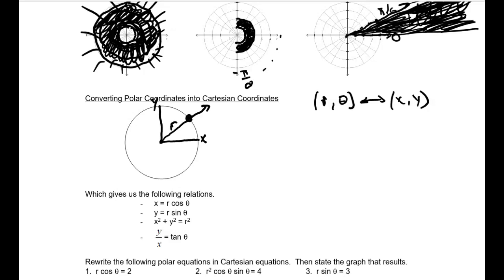So label that r. We would drop down an altitude to the x-axis here, so form a 90-degree angle. And then this point, since we're centered at 0, 0, this would be your x-coordinate, whatever the horizontal change is, and whatever this is, your y-coordinate, would just be the vertical change.